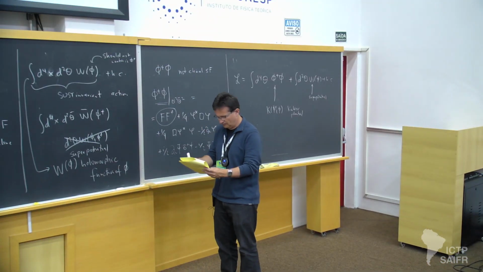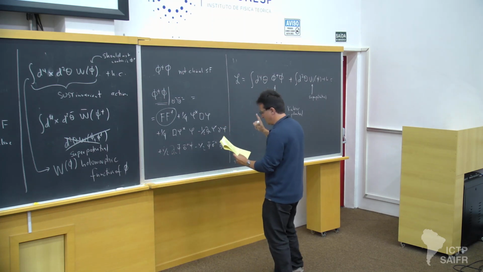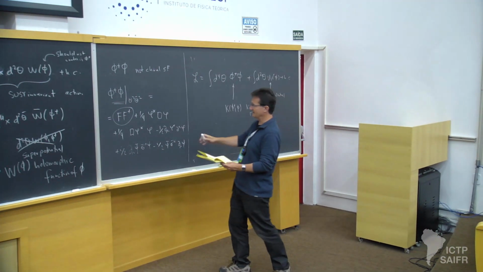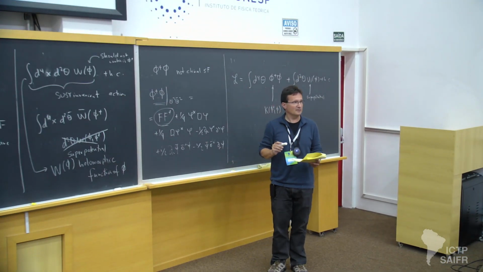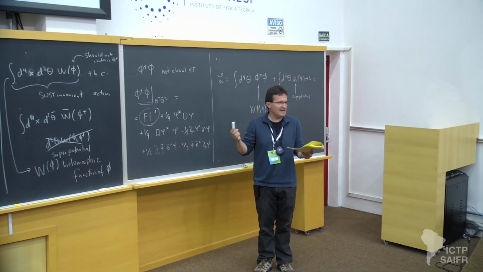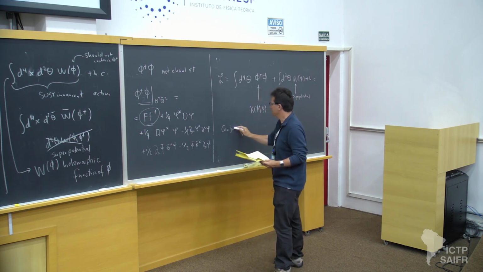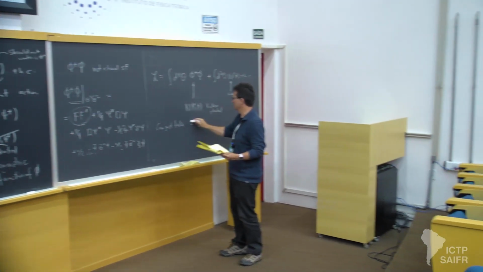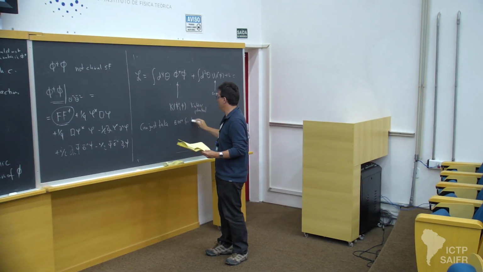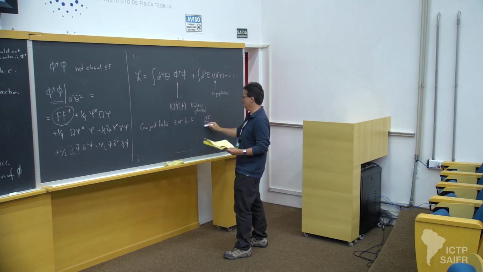All right, very good. So now this is the Lagrangian, and the other important thing is that, as I said, the kinetic term for F is very simple. So you can just take the equation of motion for F, the dL by dF.